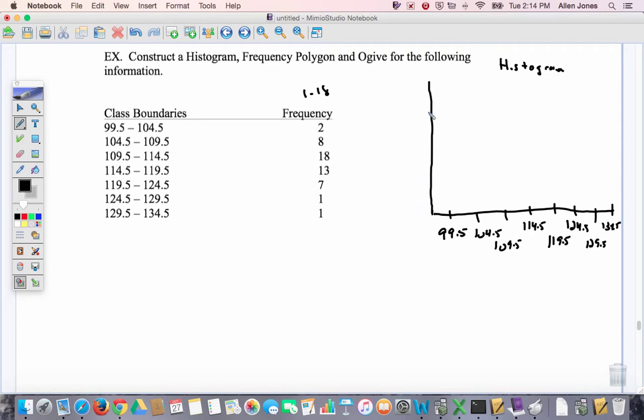Typically we'd like to have somewhere between 8 and 12 tick marks to make this graph presentable or usable to whoever might be looking at it. So we start at 0 and go up to 18. I'm going to go by 2s for our frequencies, and I think that will give us a pretty good picture of how that information might be spread out. So choosing that scale is somewhat important.